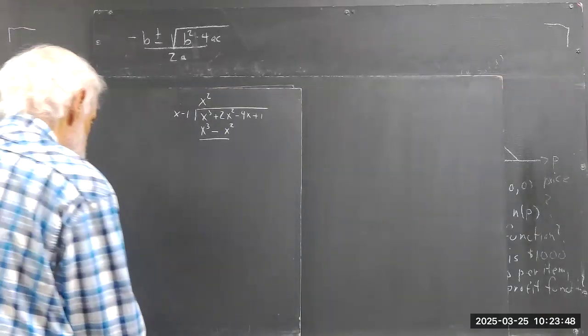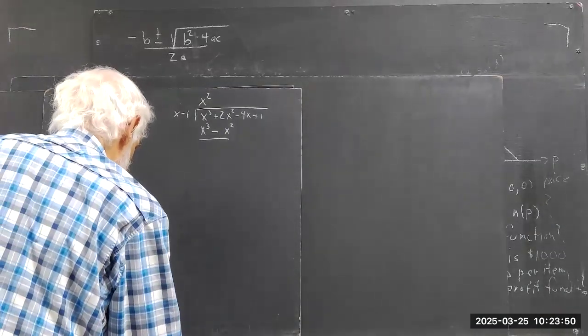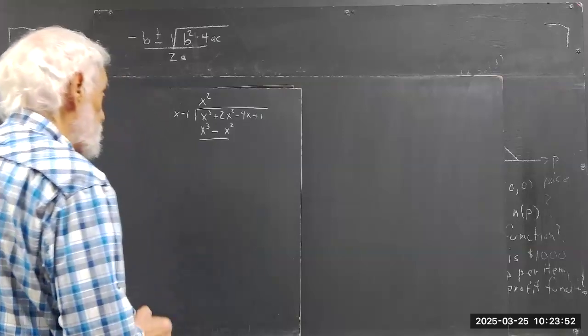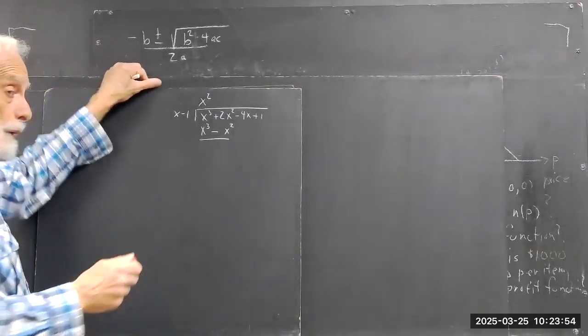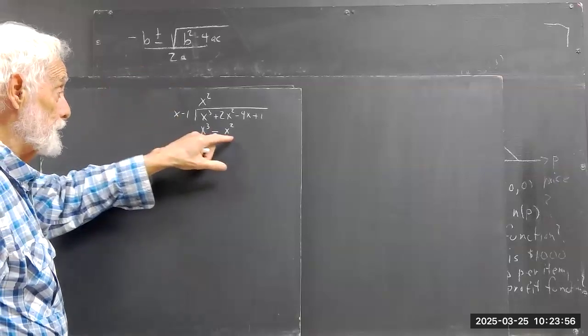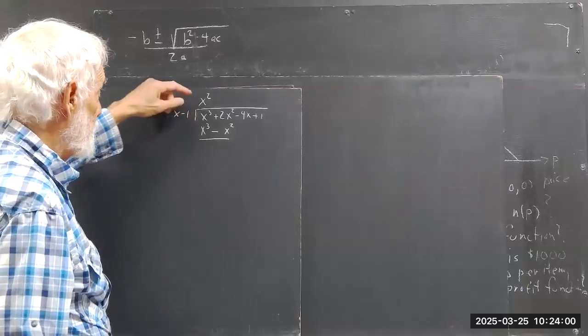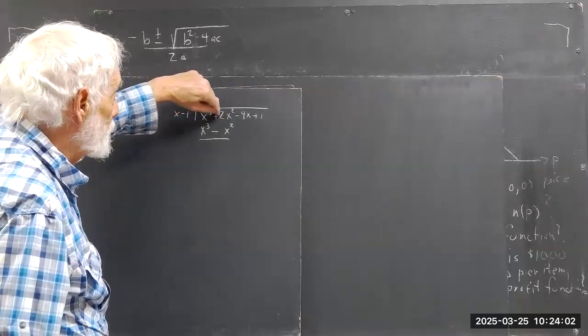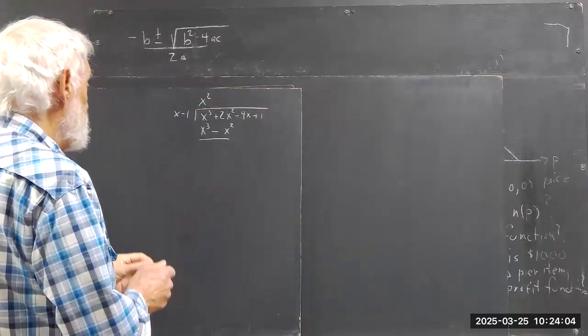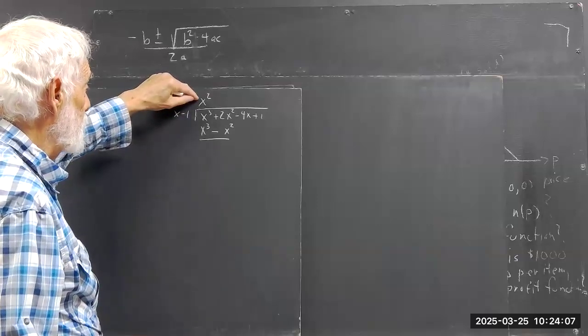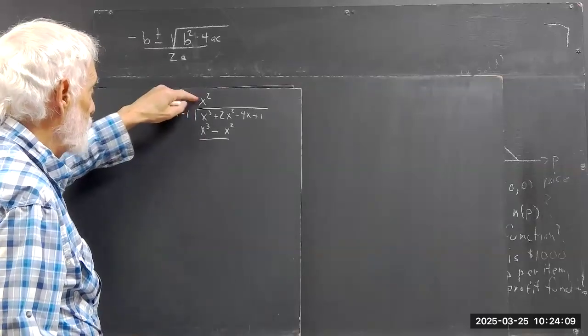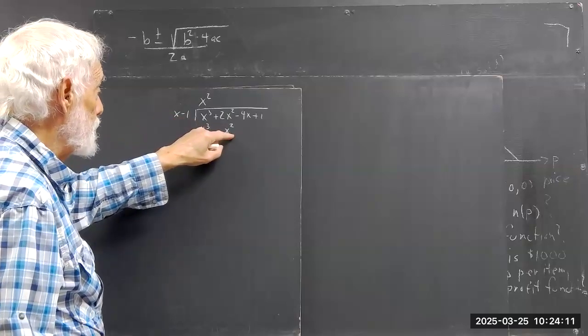It's going to be multiplied by the -1, so we better put a minus x squared. Then, and this is very important, we have to subtract this. Because we're trying to find out what it takes to build up this polynomial. And we know if we've got an x squared here, then when we multiply this by this, we've got this much.